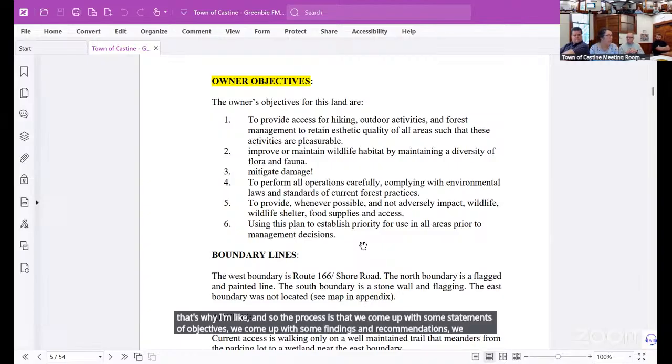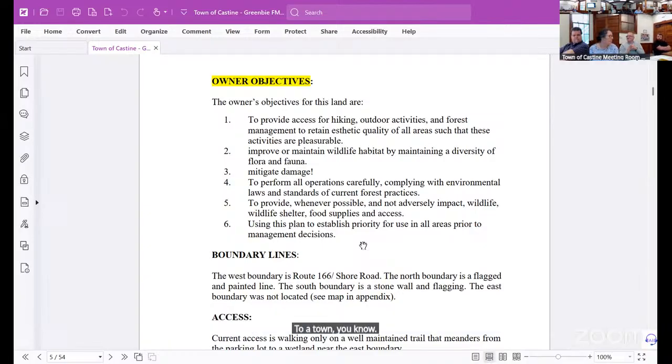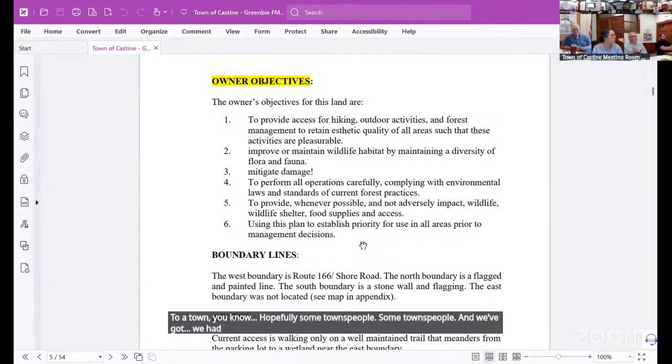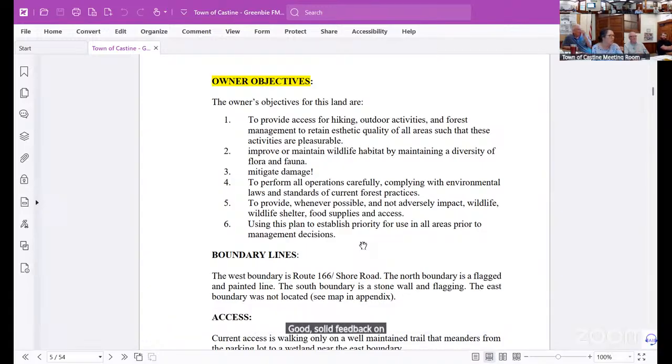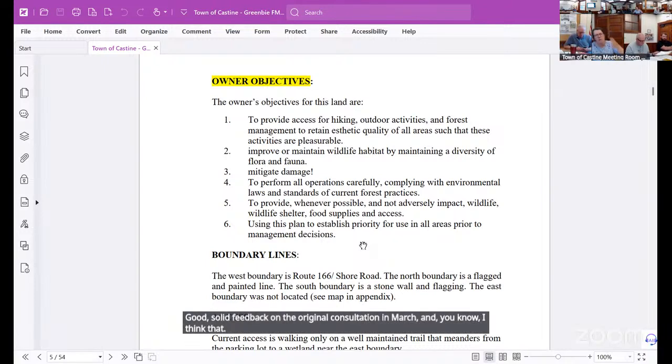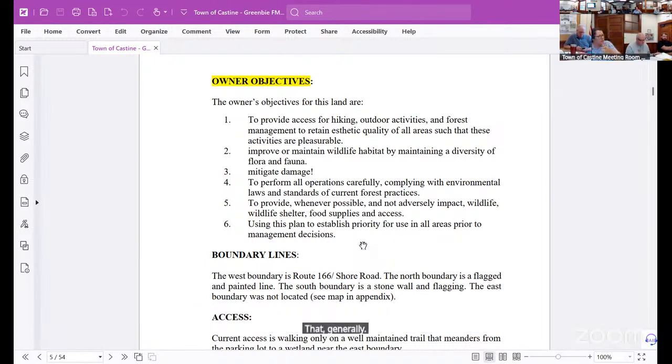We present them on August 5th to the town, hopefully some townspeople. We had small numbers, but we had good, solid feedback on the original consultation in March. And I think that generally priorities are going to be mostly in sync with that original layout.